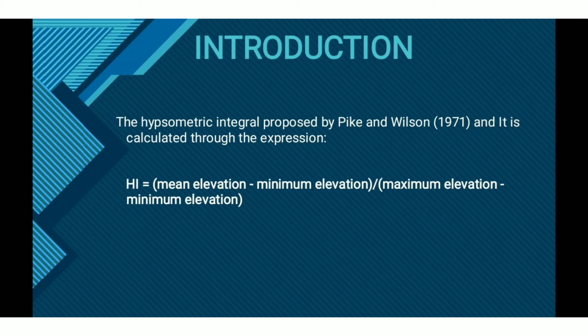Integration of hypsometric curves gives the hypsometric integral, which is equivalent to the elevation relief ratio as proposed by Pike and Wilson in 1971. Mathematically, it is expressed by this equation. It is the ratio of mean elevation minus minimum elevation to maximum elevation minus minimum elevation.